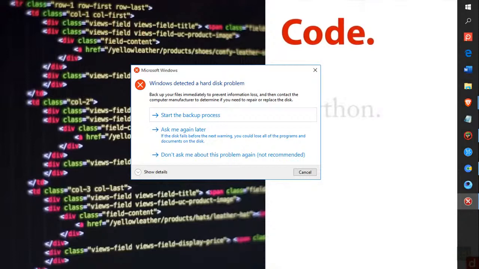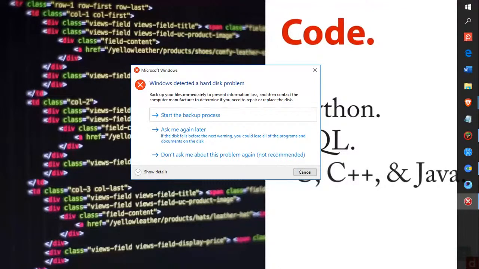R is probably the most common, along with Python, a general purpose language, but it's been well adapted for data use. There's SQL, the structured query language for databases, and very basic languages like C and C++ and Java, which are used more in the back end of data science. And then there's Bash, the most common command line interface, and regular expressions. And we'll talk about all of these in other courses here at Data Lab.